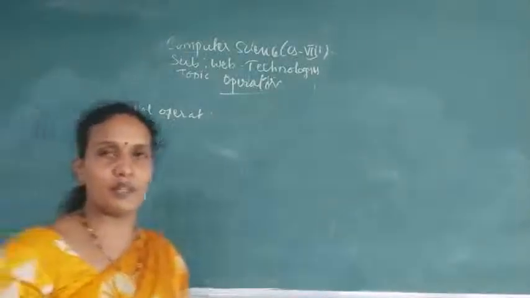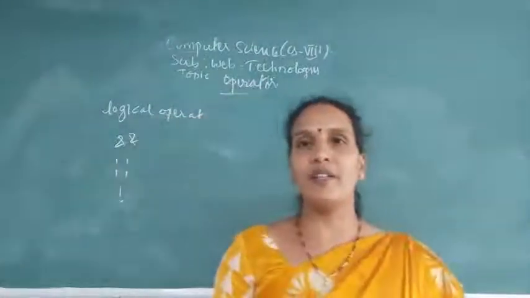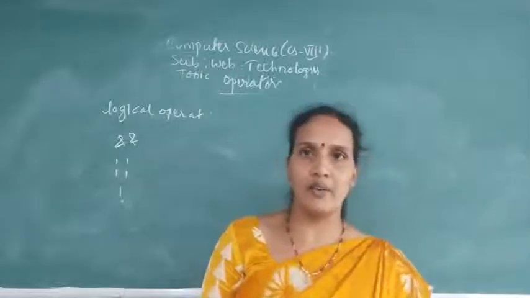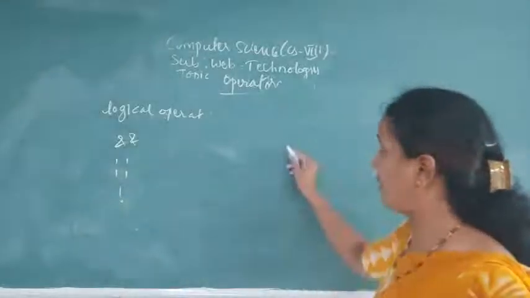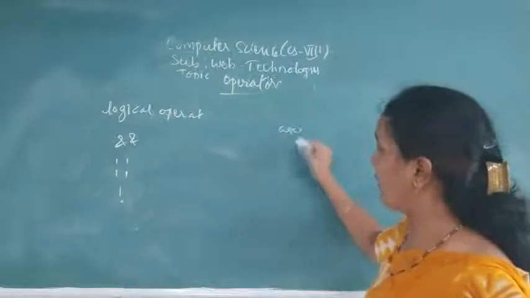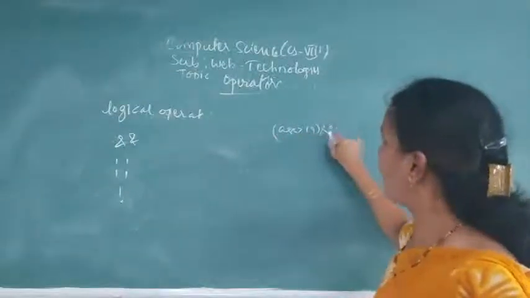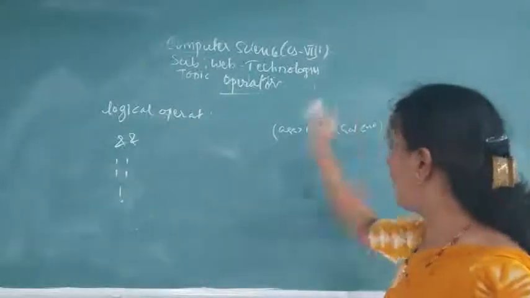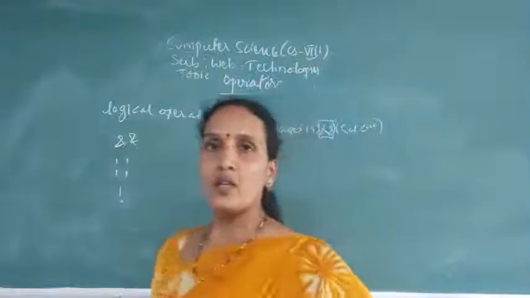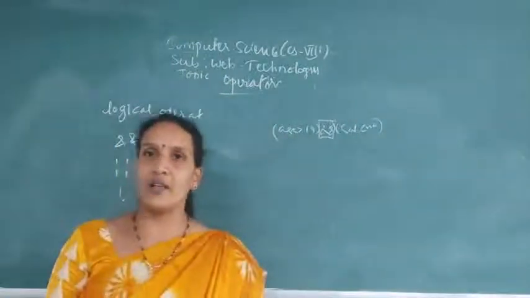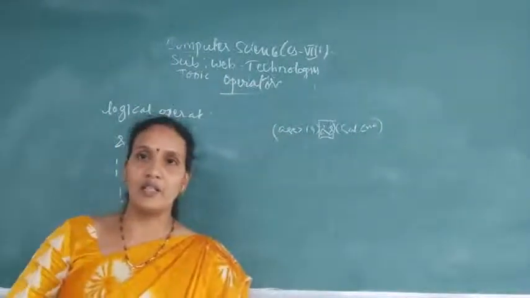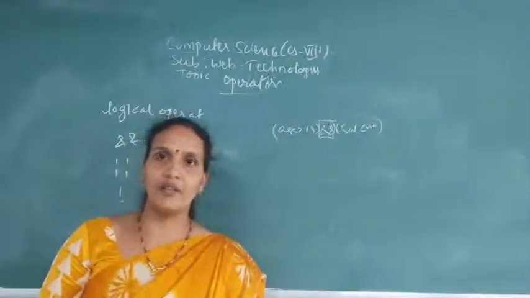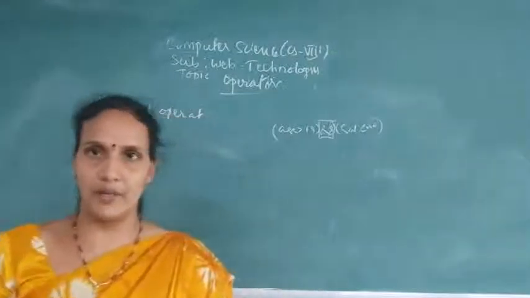See, logical operators. For example, if you want to check whether the employee age is greater than 18 and his salary is less than 40, how will you write it? Age greater than 18 and salary less than 40. This is called a logical AND. Logical AND, logical OR, logical NOT are used in conjunction with relational operators.